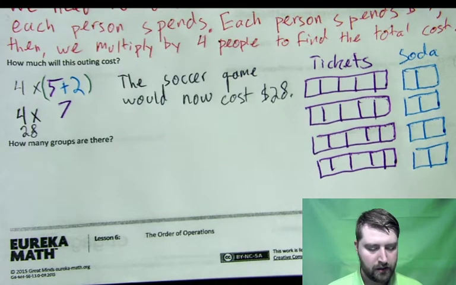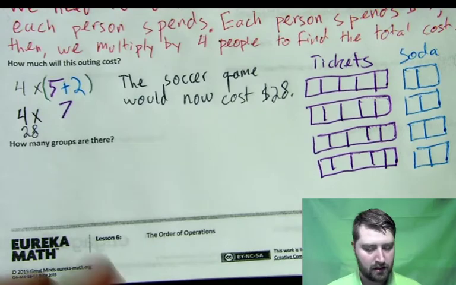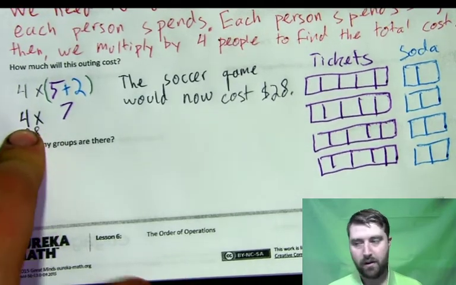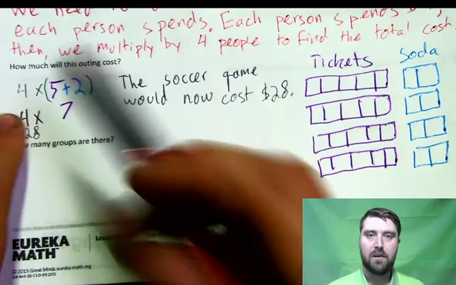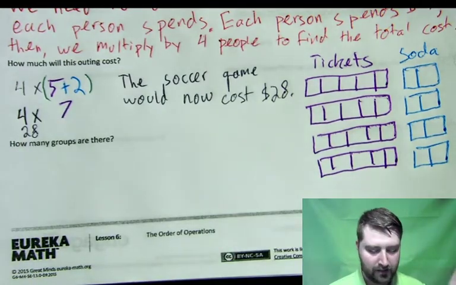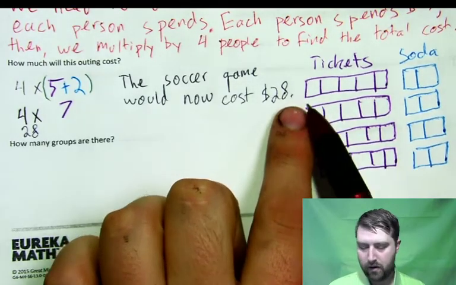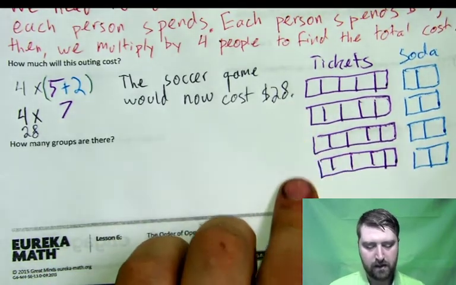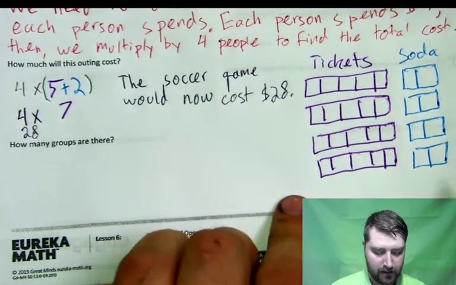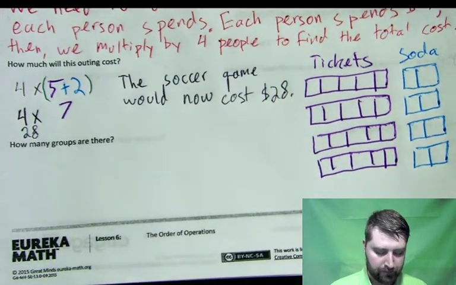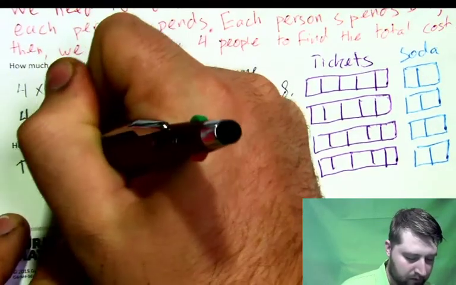And the last thing we'll do is ask how many groups are there. We can identify this in 2 ways. There are 4 groups because there is the 4 at the beginning of our multiplication. We're multiplying the 4 groups times the cost of each group. Or in our diagram, there are 4 groups as well: 4 sets of tickets and soda. So, there are 4 groups.